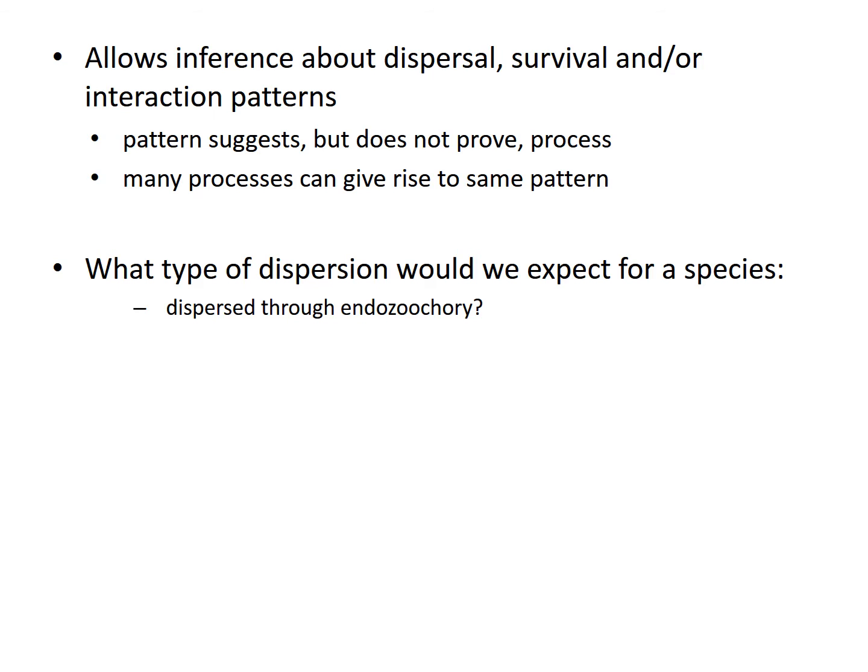I think here we would expect a clumped distribution for a species if that's how its seeds are distributed. Of course, the reason for this would be that every time a bird defecates or regurgitates seeds, there's going to be a cluster of seeds in one spot, and therefore we expect there's going to be an aggregated distribution of individuals.